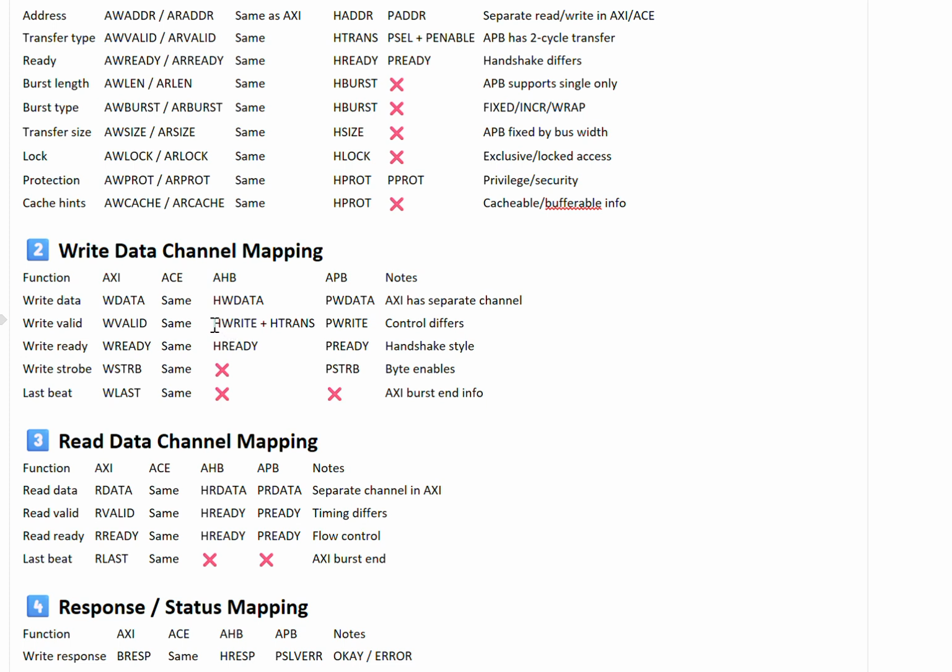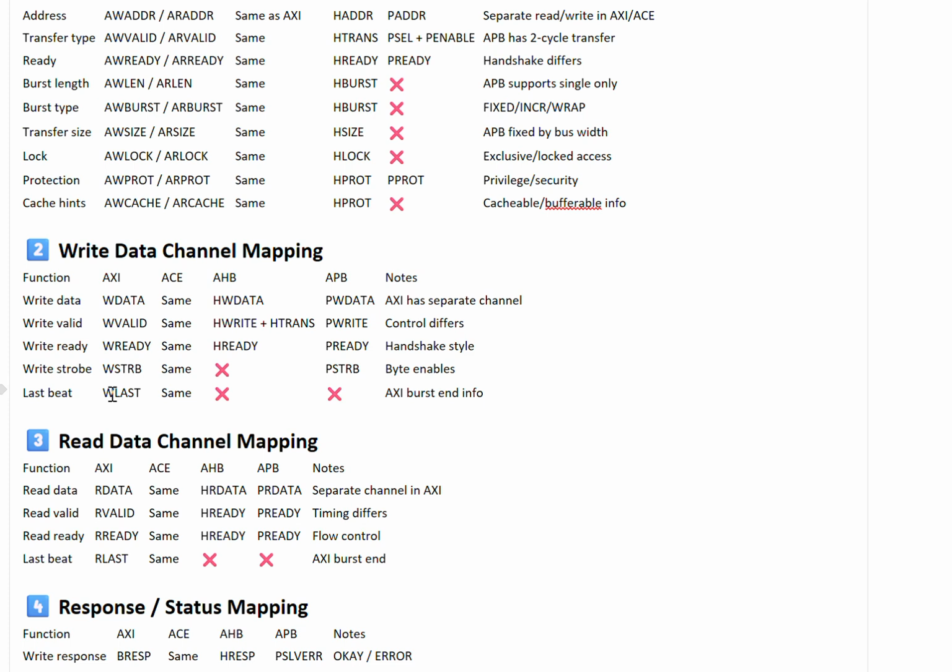Here we make HWRITE 1 for a write transfer and 0 for a read transfer. So HWRITE and HTRANS combined together are used for write valid, and PWRITE is used for the APB protocol. Write ready is WREADY here, HREADY here, and PREADY in case of APB. For the write strobe, we have WSTRB here, and in case of APB, we have PSTRB. In case of AHB, we do not have this byte enable support.